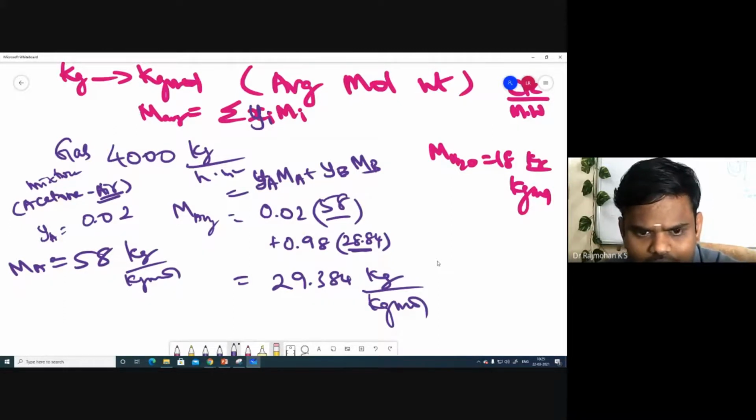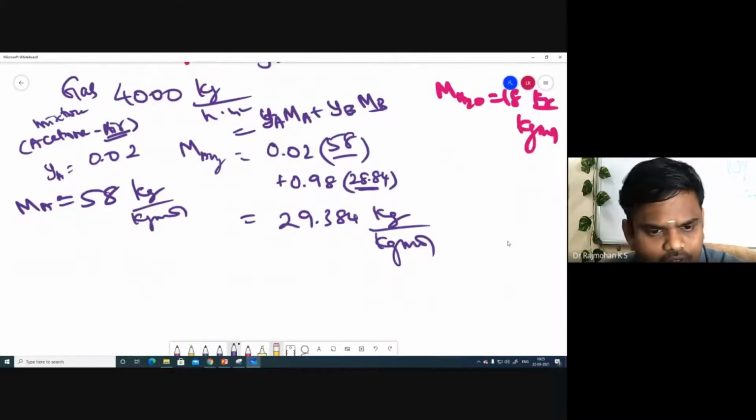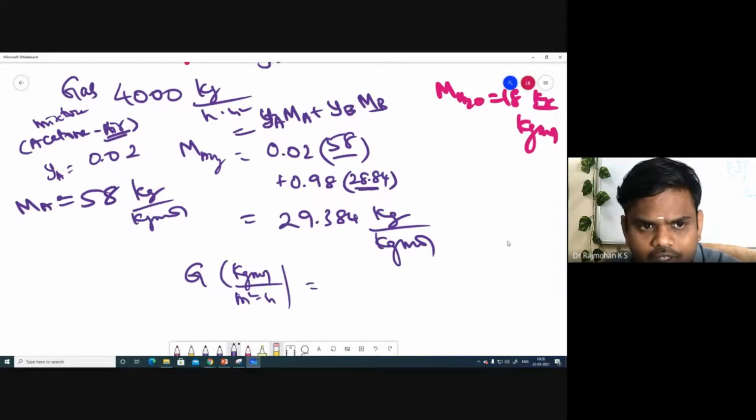So what is the gas flow rate in terms of G in kg moles per meter square hour? The flow rate is given as mass flow rate of gas.